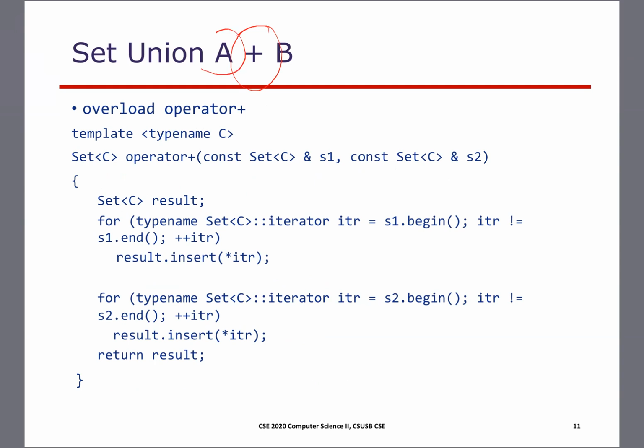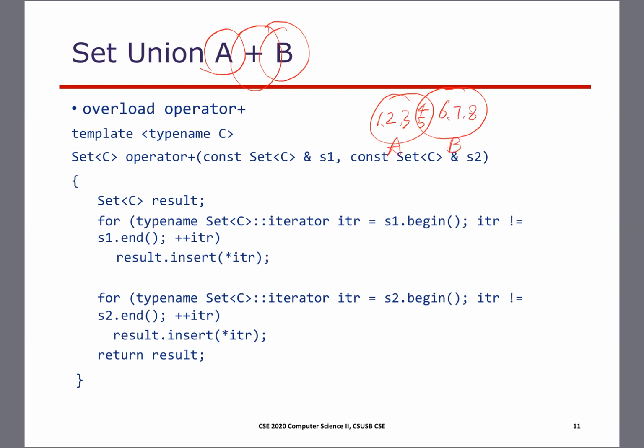Set A plus set B means we get the union of sets A and B. If we have set A and set B, A is 1, 2, 3, 4, 5, and set B is 4, 5, 6, 7, 8.